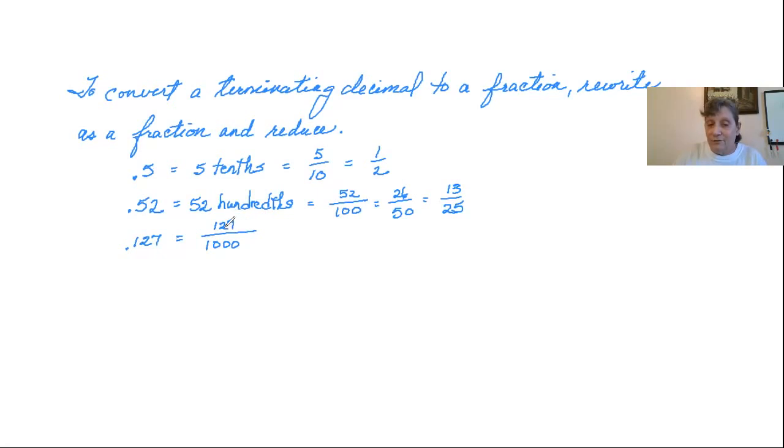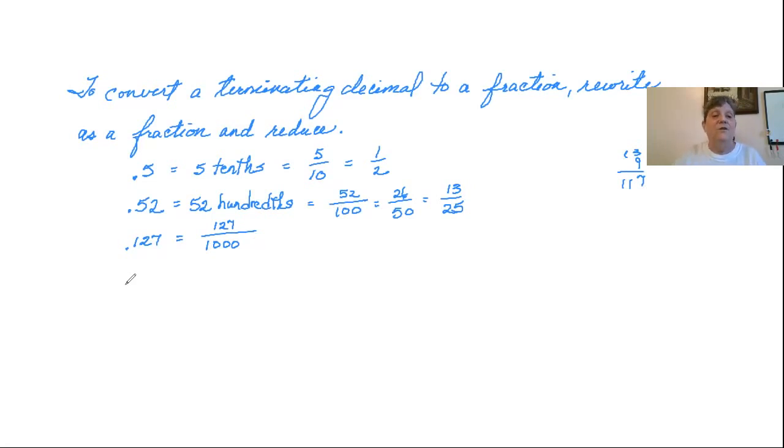I don't think it would divide by 7. Let's see, that would be 550, no. Won't divide by 11, no. 13, 9 times 13, 27, carry the 2, 11, 17, no. And so we're almost up to 127. That's not going to reduce.